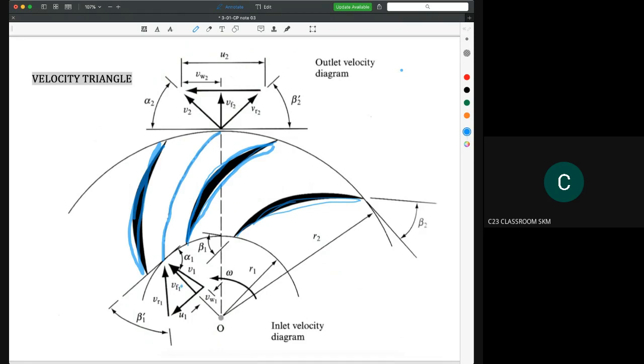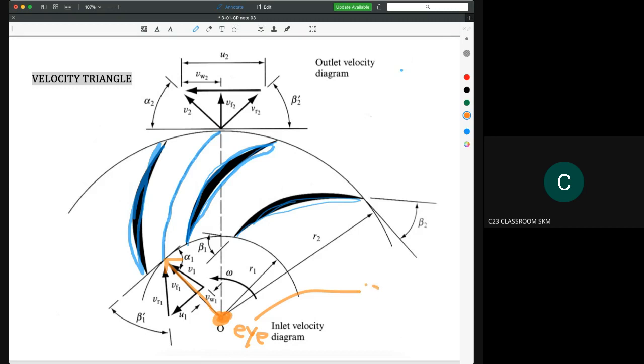The basic idea is, just forget about the velocity triangle first. You need to know the basic idea of how water flows inside the blade. As I said, water comes from the center point here. We call it the eye, meaning the center point. The water comes from here, and then the water will flow in radial direction. In the previous chapter, we learned about the phenomenon when water comes from one single source.